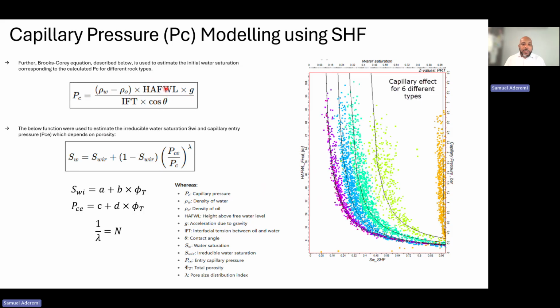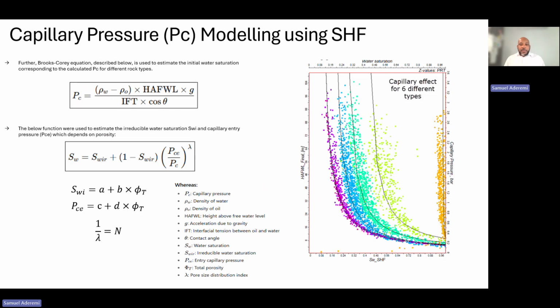Because once you use a geometrical property in Petrel, for instance, to calculate the height above the free water level, that is each cell's position relative to the free water level, you can actually calculate the capillary pressure in any part of the reservoir for any cell in your model. And you can use that with the Brooks-Corey parameters to calculate water saturation in each cell in the model.